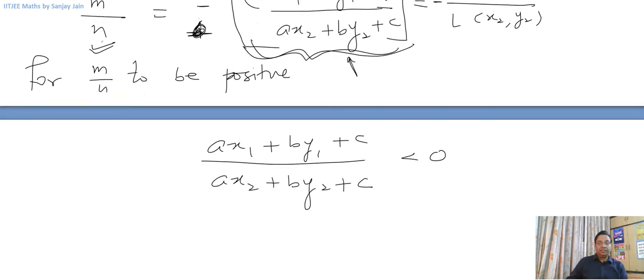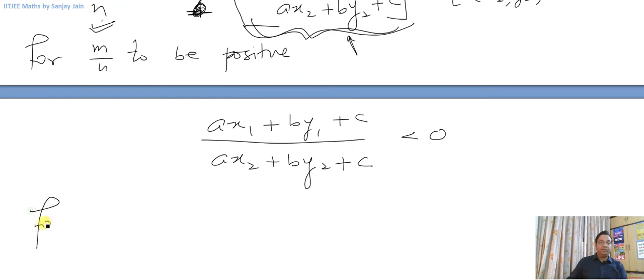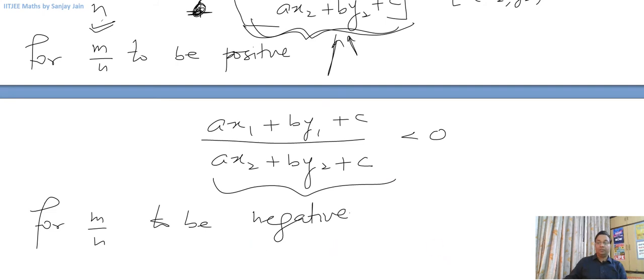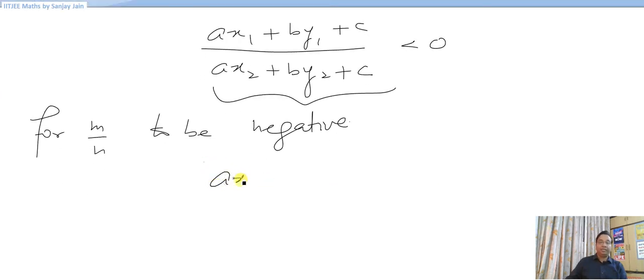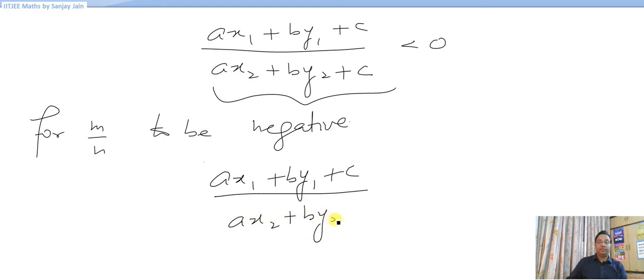Another thing, for m by n to be negative, the expression inside the bracket should be positive, because there is a negative sign outside. So for m by n to be negative, I'll say (ax1 plus by1 plus c) divided by (ax2 plus by2 plus c) will be greater than 0, right?